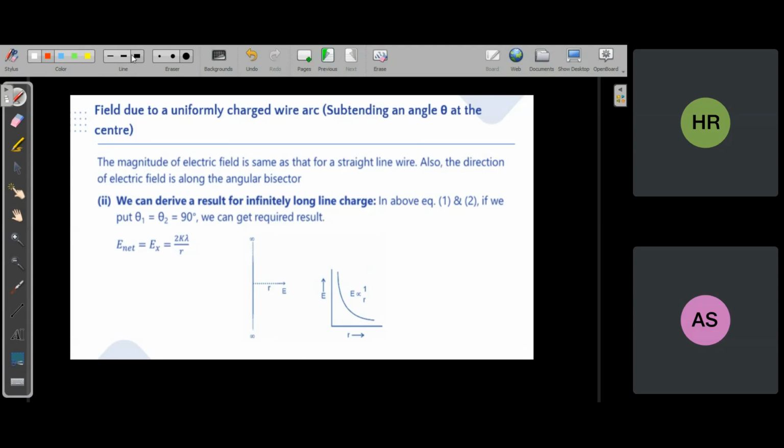So electric field due to an infinitely long charged wire at a perpendicular distance r is given by this formula: 2k lambda by r. The lambda is linear charge density. R is the perpendicular distance of the point where you have to find the electric field. Here you have to understand that this formula can be only used for infinitely long wire.